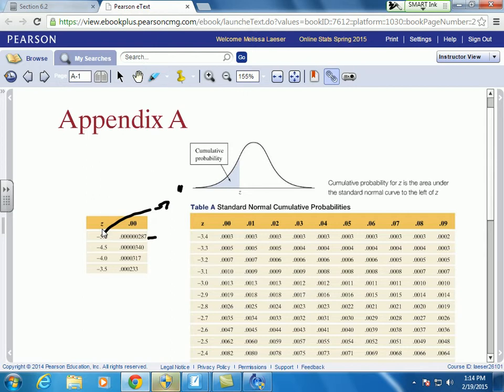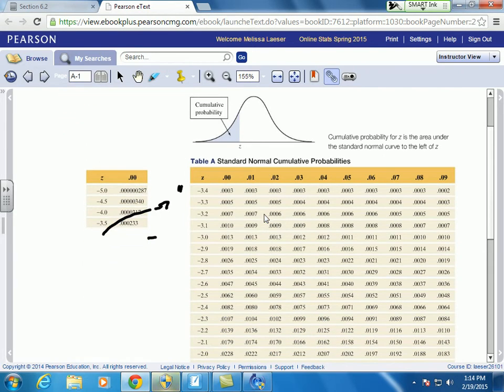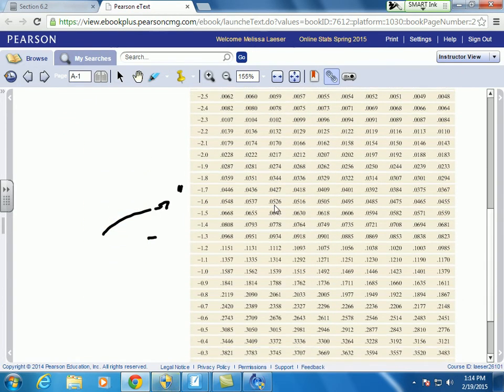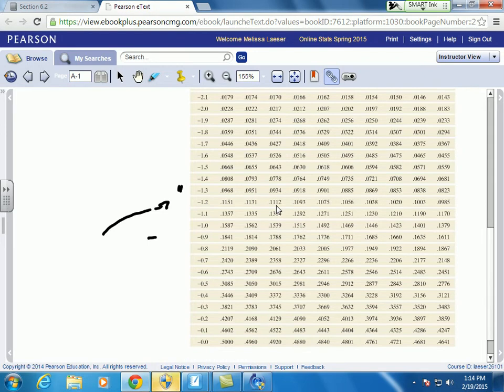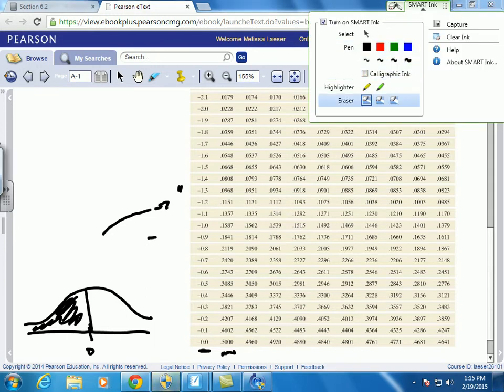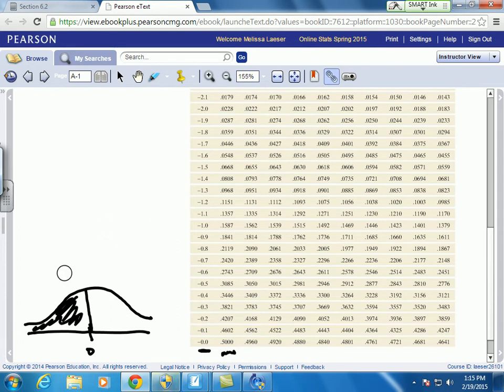Whereas if I go to 0, you can see down here at the bottom, I'm at the z-score of 0, and it's telling me the probability is a half, which you knew from the empirical rule. So it's no different than the empirical rule of what you were seeing beforehand. It's just the way it's been done.